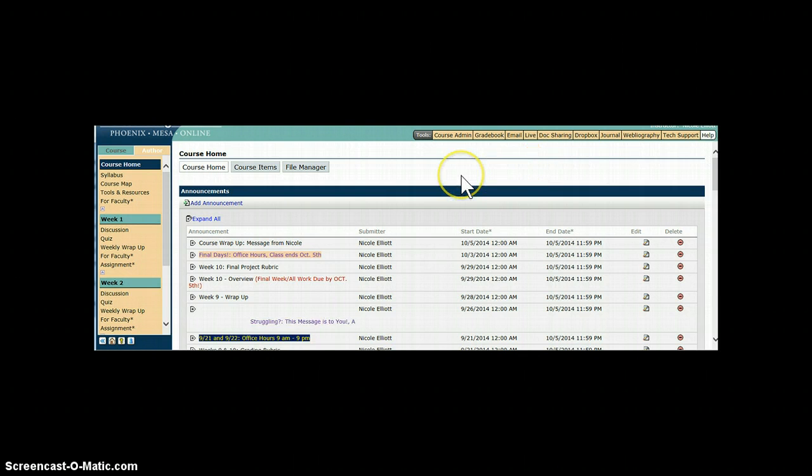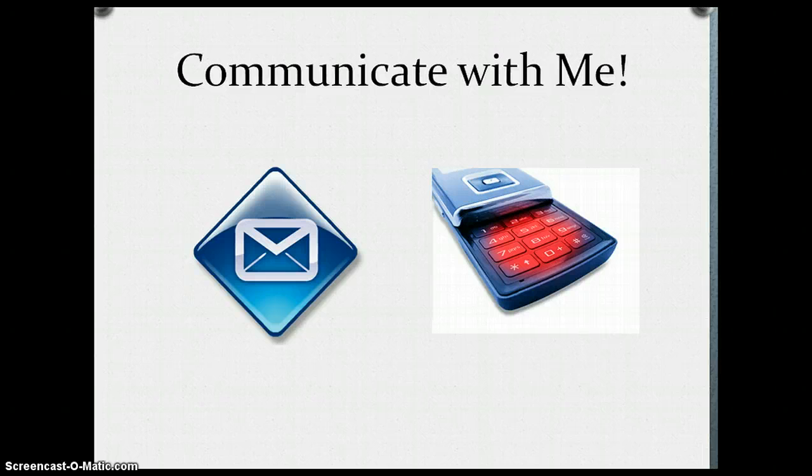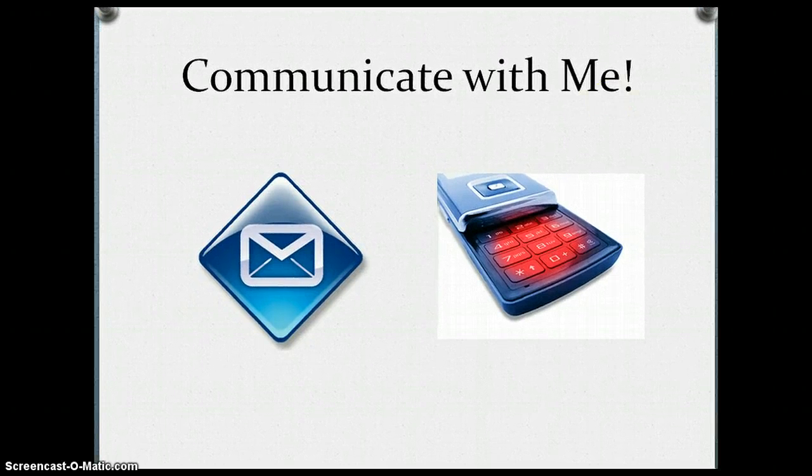Okay. Where does that leave us then? Our final item? The final thing that I'd like to address is the need to communicate. I will phone you if you fall behind. I will email you if you're missing work. But it's only effective if these messages reach you, if I'm able to reach you with my phone calls and my email efforts.